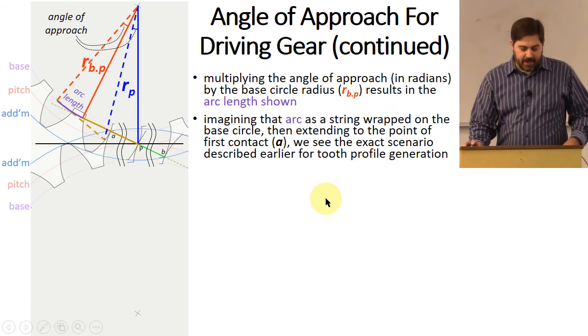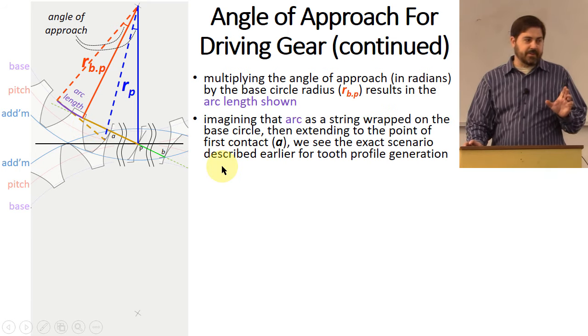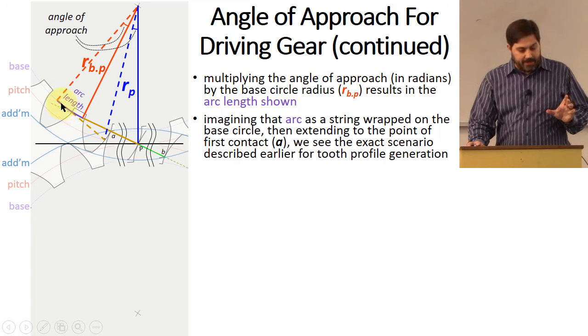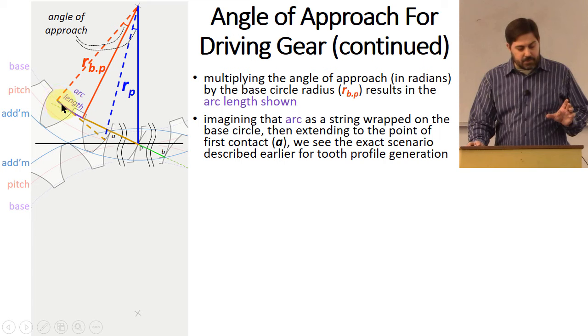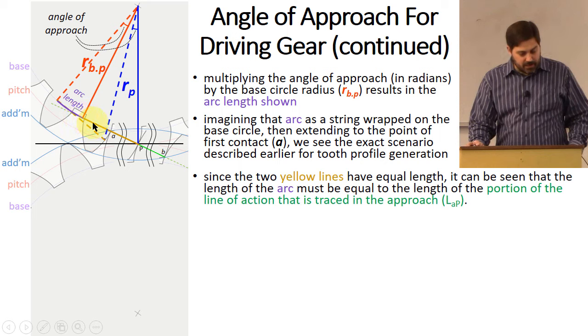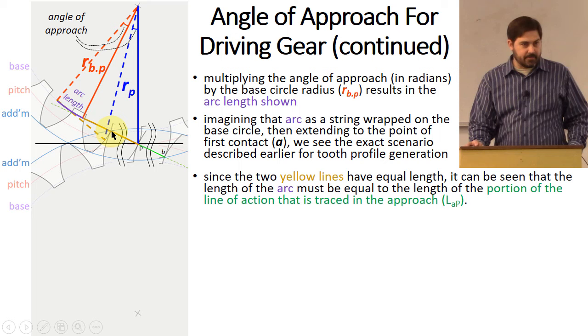Okay. Now, here's where this really gets interesting. Imagine that arc length is essentially the length of string that is being laid on the base circle. But imagine that it continues on, and this length of string continues to go out, and maybe it starts out here right where this point of contact happens at point A. So think about that.